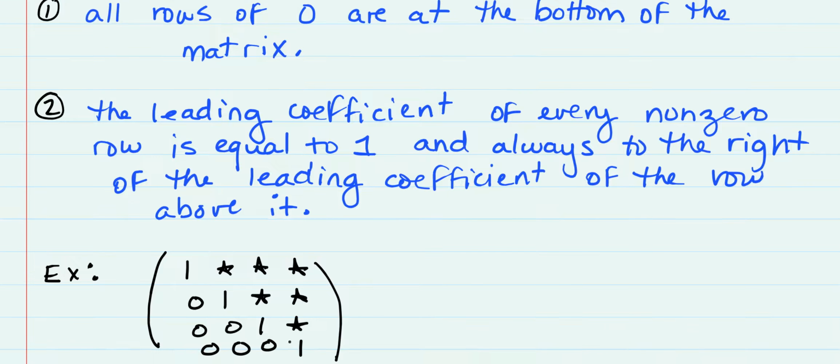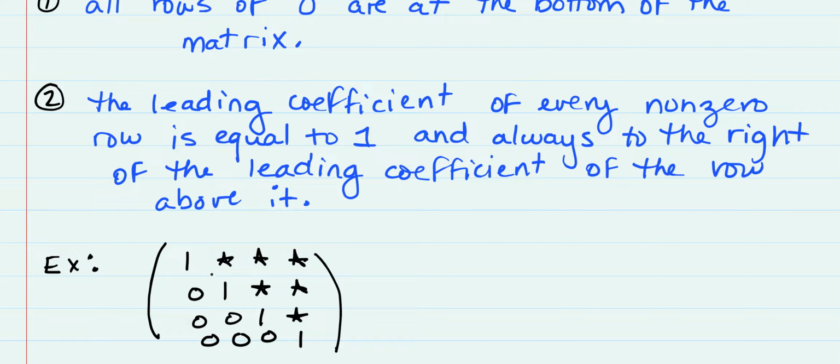So you can see that for each one of these rows, the first number, the leading coefficient, is equal to 1, and always to the right of the leading coefficient of the row above it. There are no rows above this one, so we don't have to worry. Here, you can see that this one is to the right of this one. And then this one is to the right of the one above it, and so on. Why this is called row echelon form is because you get something that's like a staircase. And that's what you want to think of when you're looking at these types of matrices.